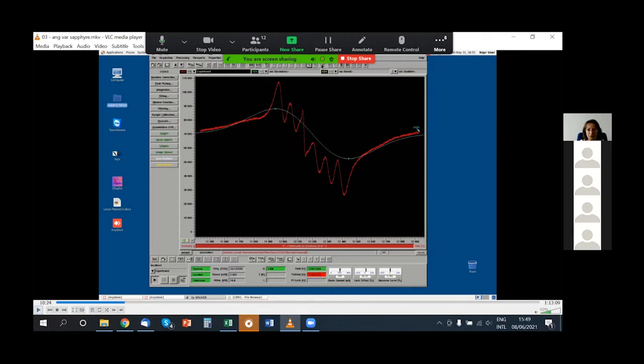And here, what am I doing? I'm trying to have a first impression of the line shape of this broad line, to see if it's Gaussian or Lorentzian.